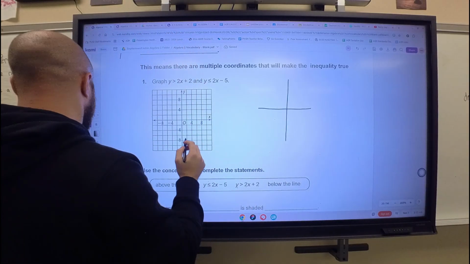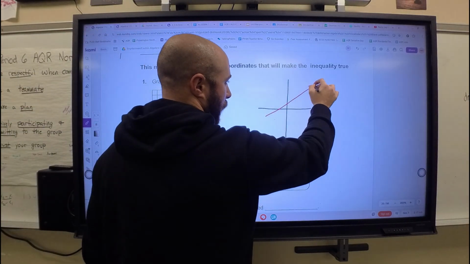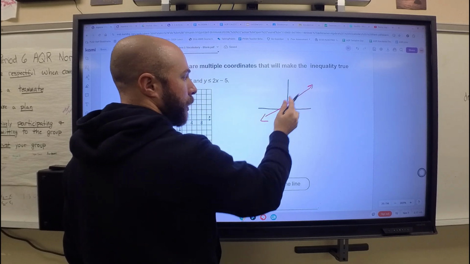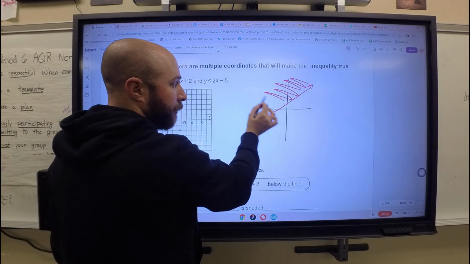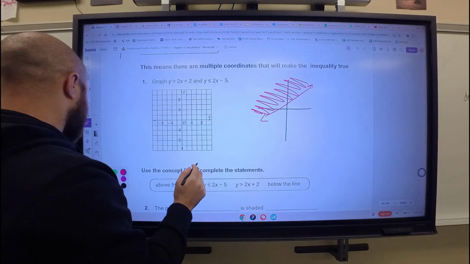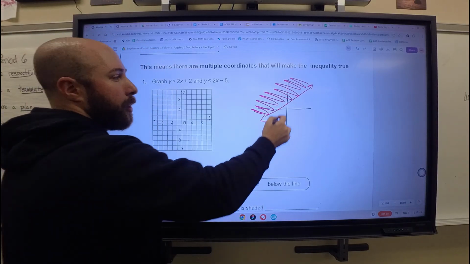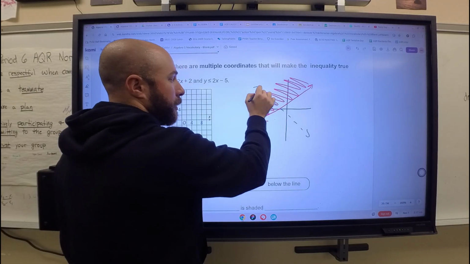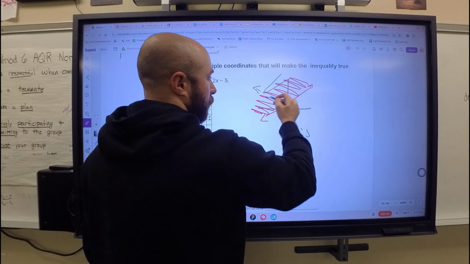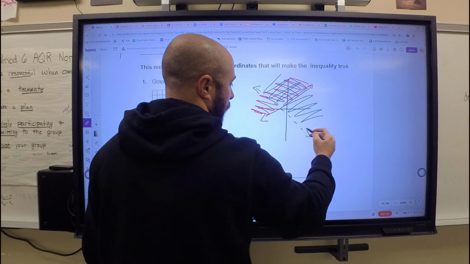is we are looking at a situation where, say, we have an inequality with a solid line and we are shading above that line. And then on the same graph, we also have a dashed line where we're also shading above that one.